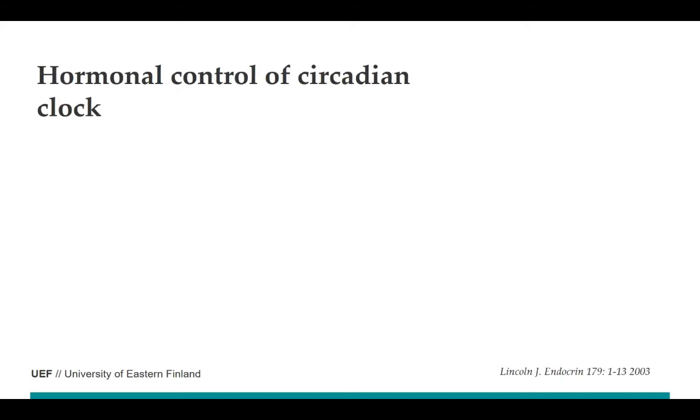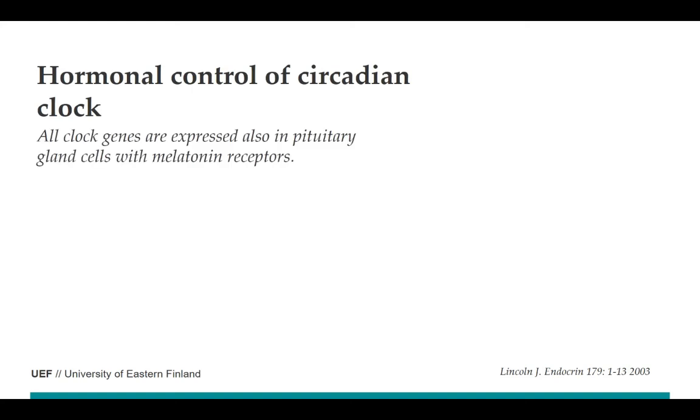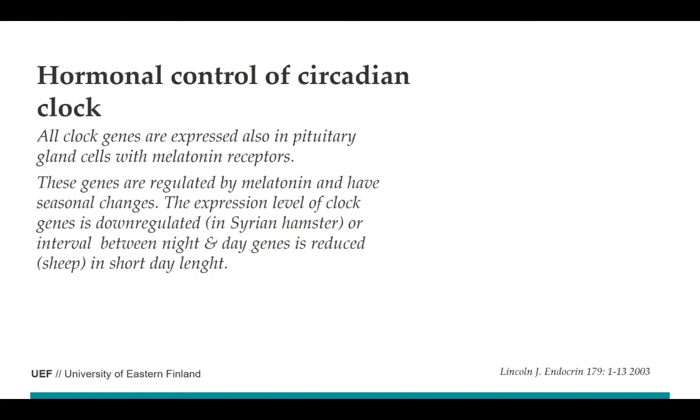And how can they work? First of all, the hormonal control affects the circadian clock. These clock genes are expressed also in the pituitary gland cells, and these cells have melatonin receptors. These genes are regulated by melatonin and have seasonal changes.